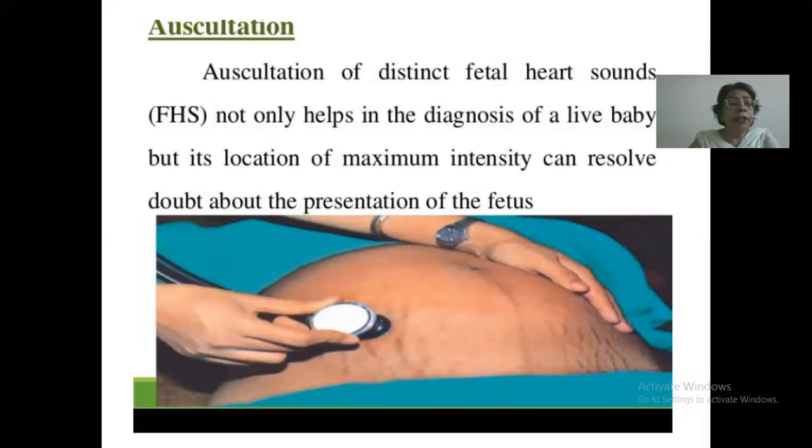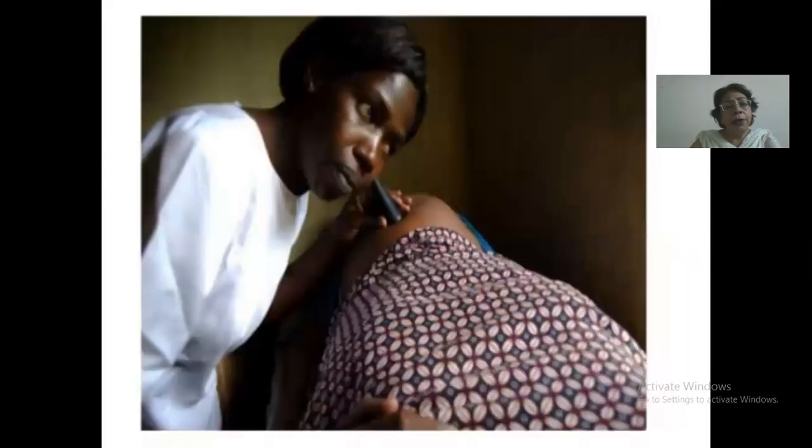Now, if it is a breech or a transverse lie, you will hear the fetal heart near the umbilicus or just below the umbilicus, in contrast to the vertex presentations, where it will be heard on the spino-umbilical line.